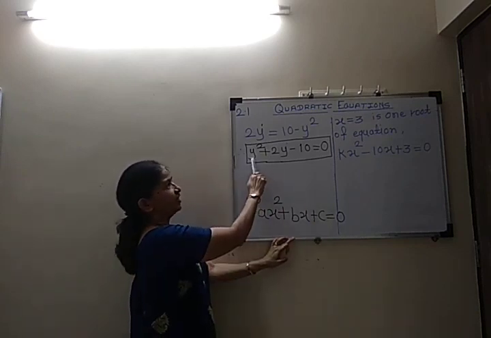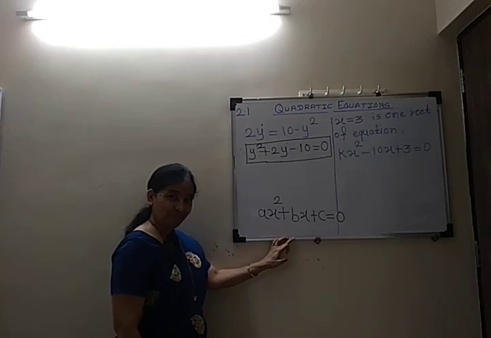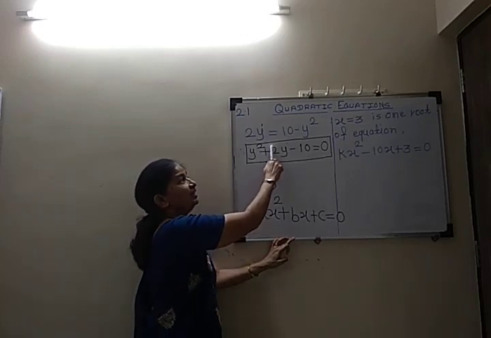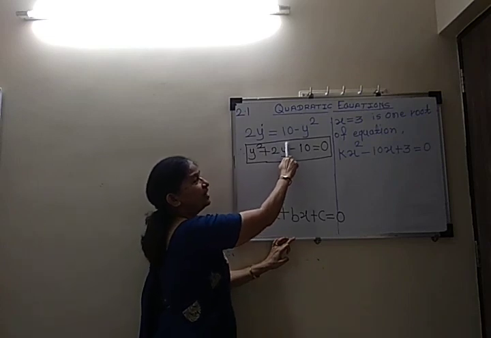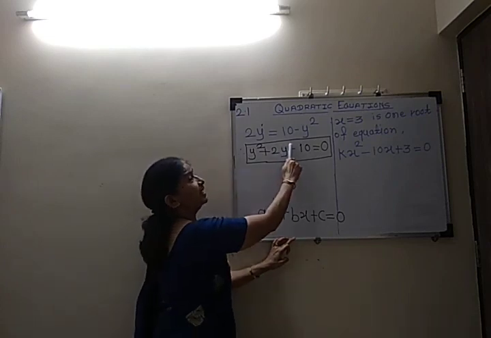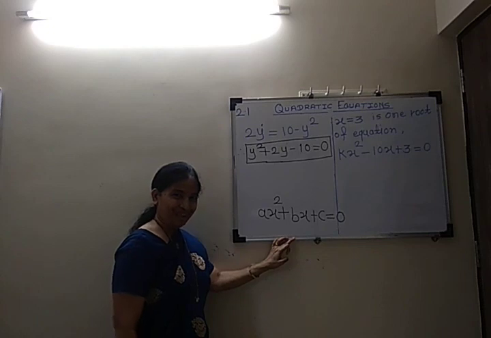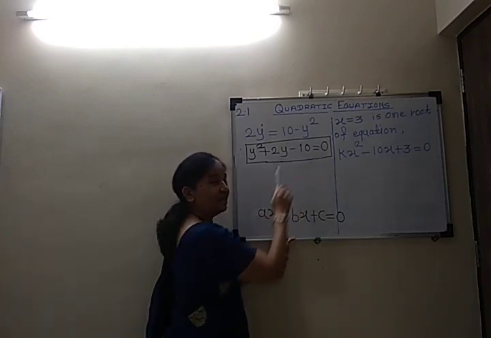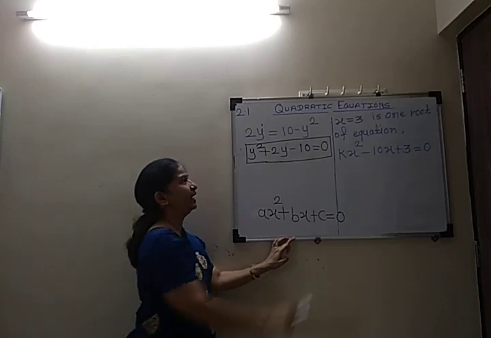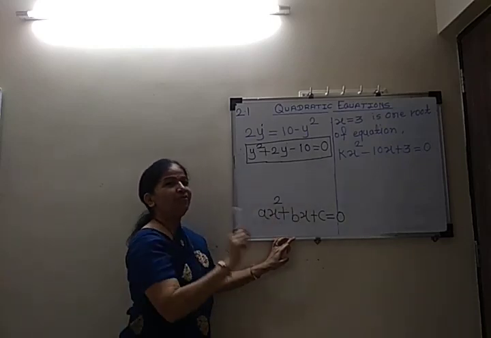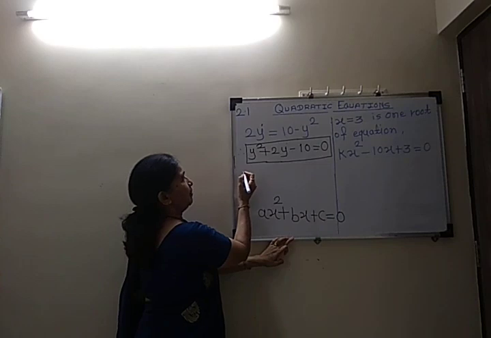Means at first write the square term, then write all the terms in descending order of index. And without fail, write 0 on the right side.